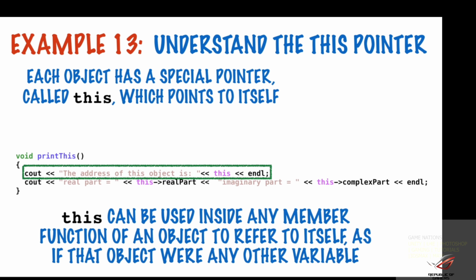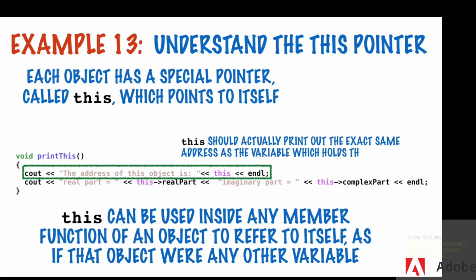We say the address of this object is and output the this keyword to screen. The this keyword is actually a pointer that's implicitly set up by C++. It's valid in any class in any object. And this holds the address of this object.